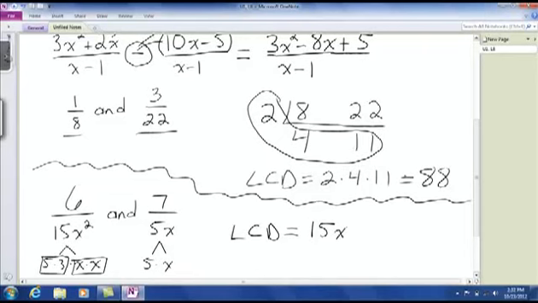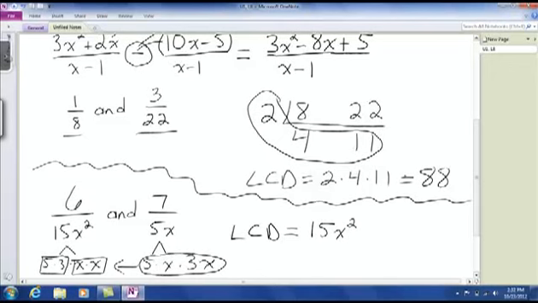So what I'm going to do is take x squared and put it over here. And my LCD is 15x squared. Now that one was kind of interesting because our LCD just happened to be one of the denominators, 15x squared. But that's because if you look at this 5x, what would I need to multiply it by? If I multiplied it by 3x, then suddenly this is the exact same as this.